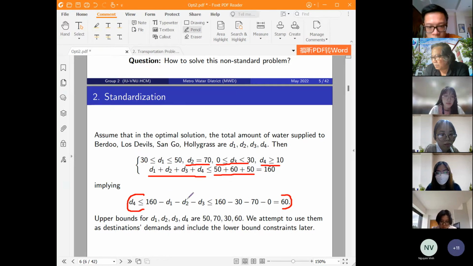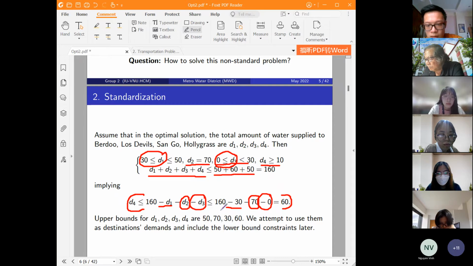But D1 is greater than or equal to 30, so minus D1 is less than or equal to minus 30. Similarly, D2 is exactly 70, and D3 is greater than or equal to 0, so minus D3 is less than or equal to minus 0. And this right-hand side equals 60. So we derive an upper bound for D4, which is 60.